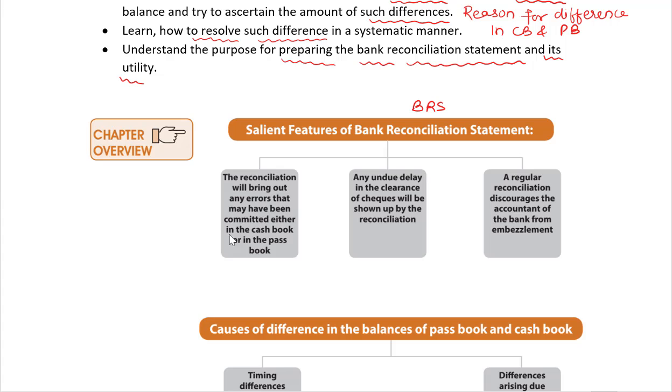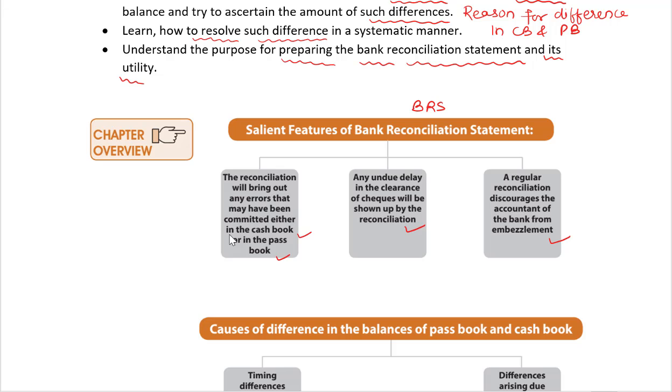The reconciliation will bring out any errors that may have been committed either in the cash book or in the passbook. Number 1. Any undue delay in the clearance of checks will be shown up by the reconciliation. A regular reconciliation discourages the accountant of the bank from embezzlement.